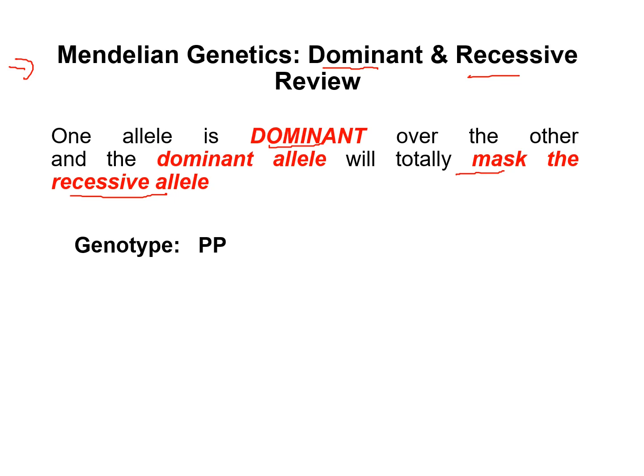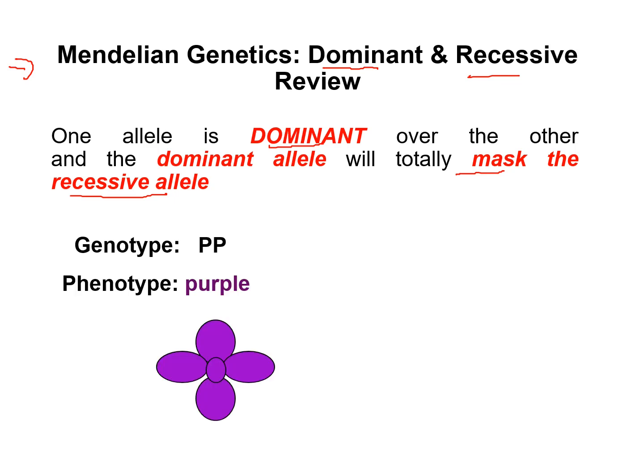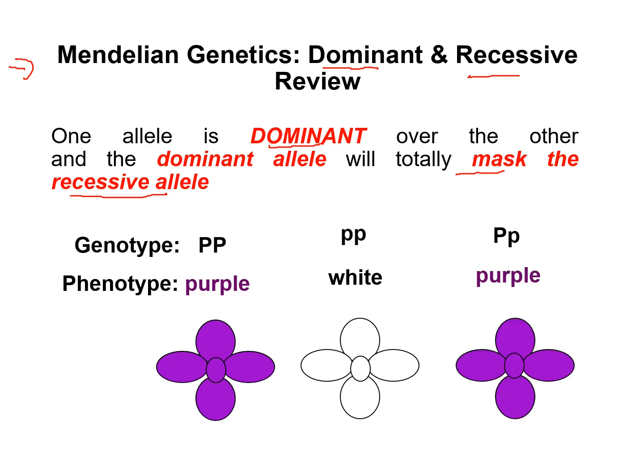This is why in the previous exercise, although we have these purple flowers, this is the phenotype, and we have the white flowers. As the purple one is dominant over the white one, in the next generation, the purple allele is going to mask the white allele, and you're going to have a purple flower. So the dominant masks the expression of this one.